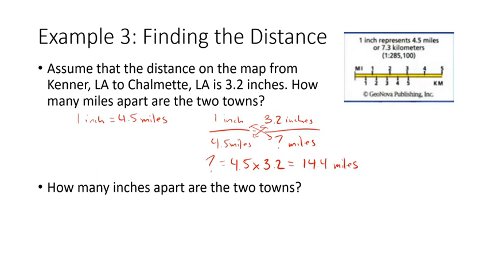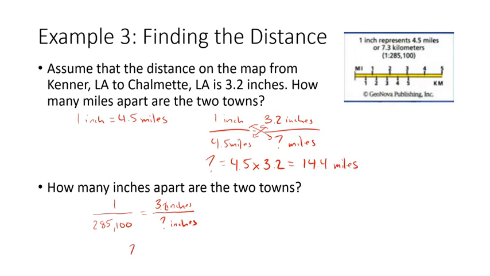If we wanted to know how many inches apart the two towns are in real life, we can set up a proportion using the scale on the map. We know that if we have 3.2 inches on the map, how many inches in real life?